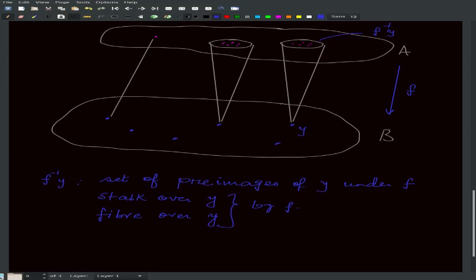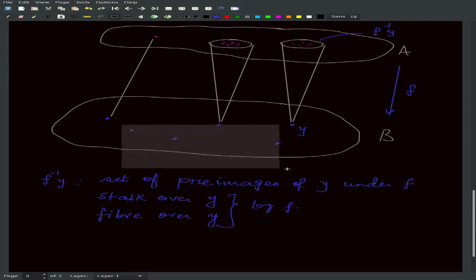Think. The moment you have a surjection, there is nothing left over in the codomain. So these empty points, as you see on this screen, are not there. These points are no more there.